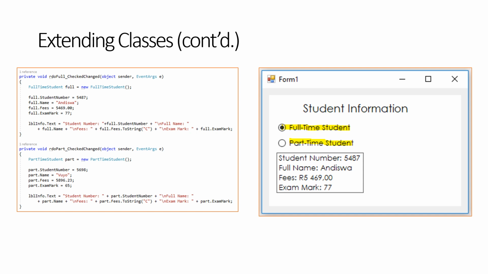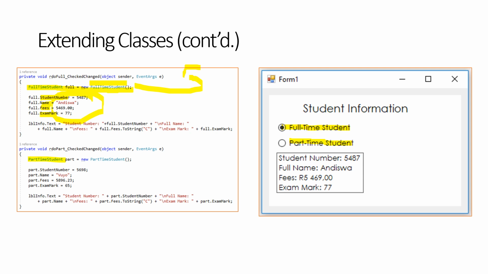And if you see here, when we instantiate our full-time student class, we're able to have access to student number, name, fees, and exam mark, which were not being declared inside this class, but were declared in the student class, which is the parent class of this class. And then when we display that, we display the values related to our full-time student. And that's the same with our part-time student.